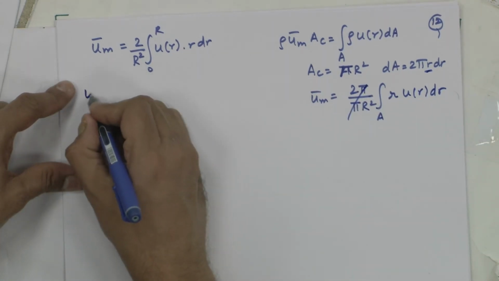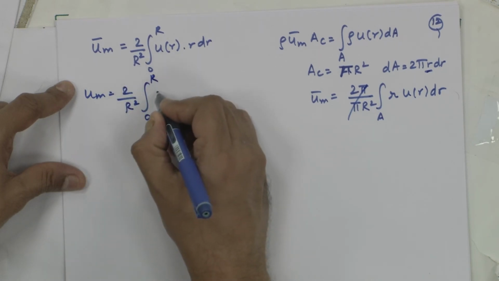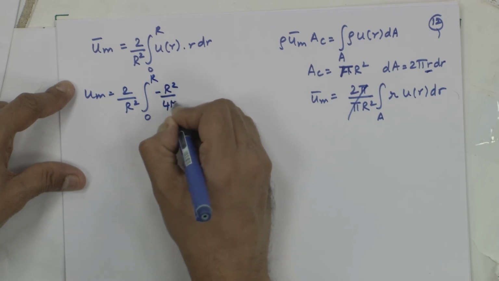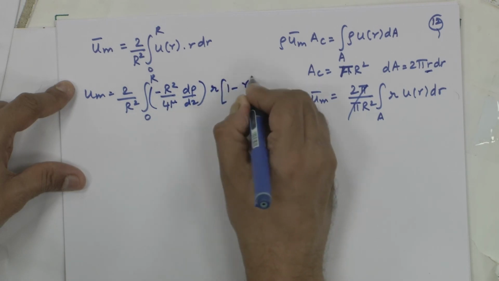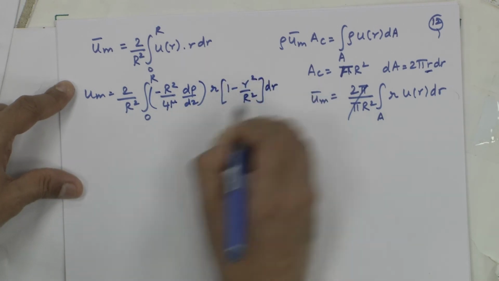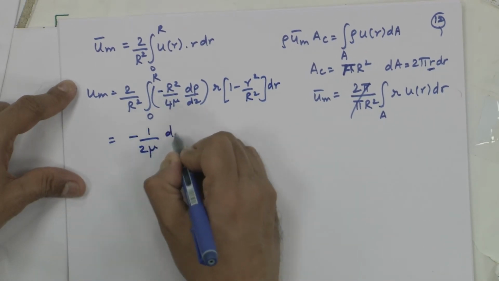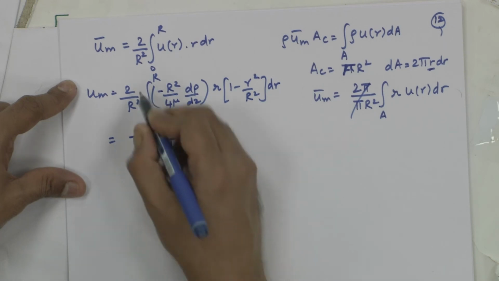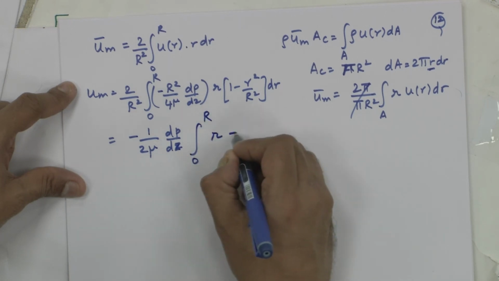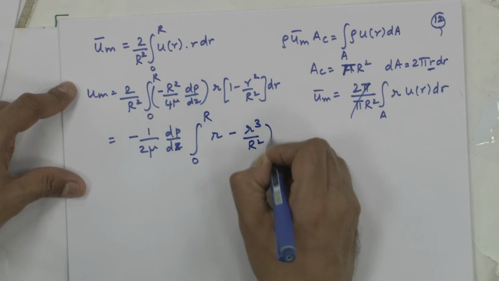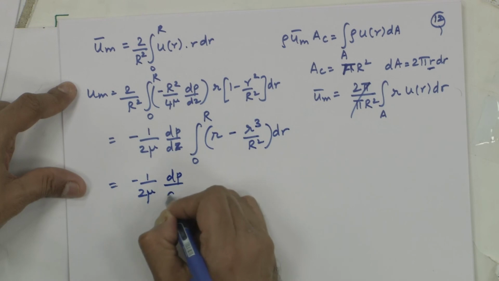So I substitute for the profile: 2 by R squared, integral 0 to R, minus capital R squared by 4 mu dp by dz as it is, times r times 1 minus r squared by capital R squared dr. Capital R's cancel off, 2 and 4 cancel off, and you are left with the integration of r minus r cube by capital R squared dr, times minus 1 by 2 mu dp by dz.